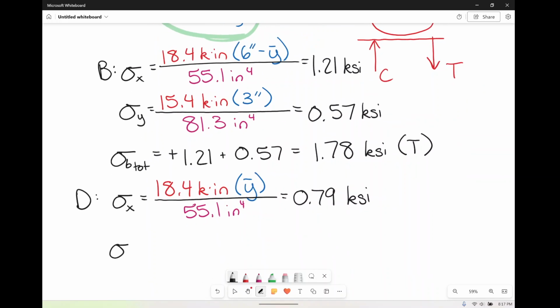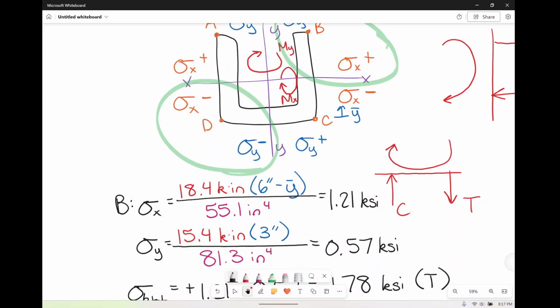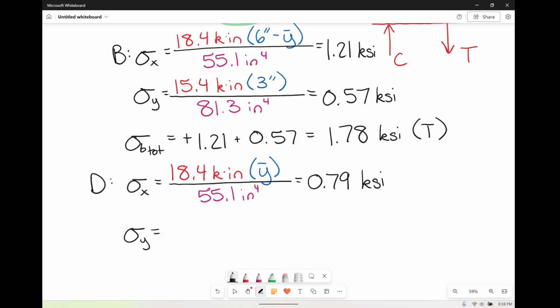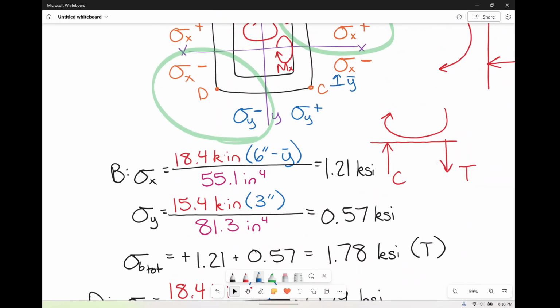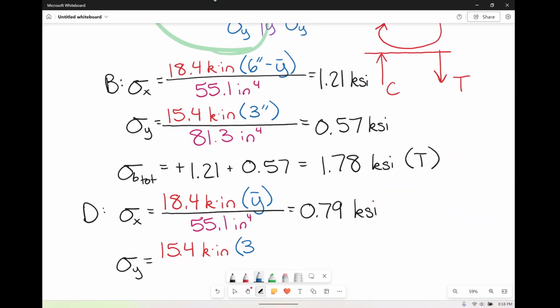Again, if we do bending in the Y direction, it actually isn't going to be any different because both points B and D are the same distance from Y. We can write it out anyway just to see it. 15.4 kip inches, and the distance that point D is from the Y-axis is x bar, which again was just 3 inches.